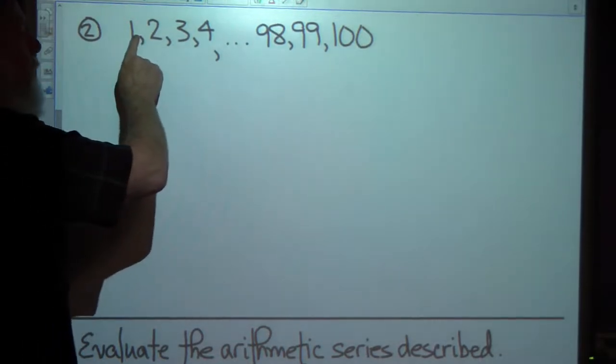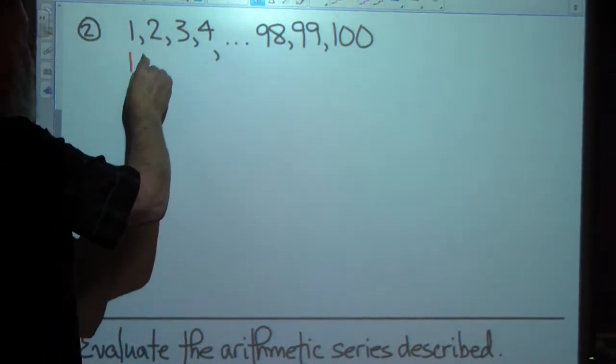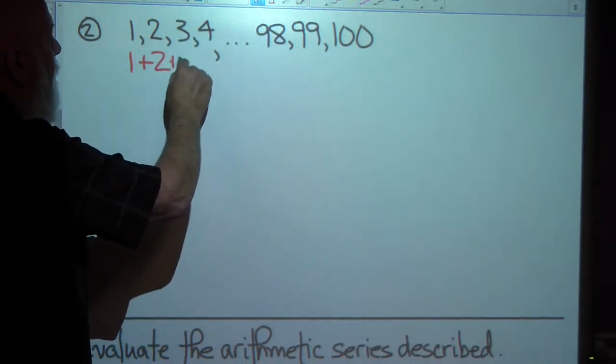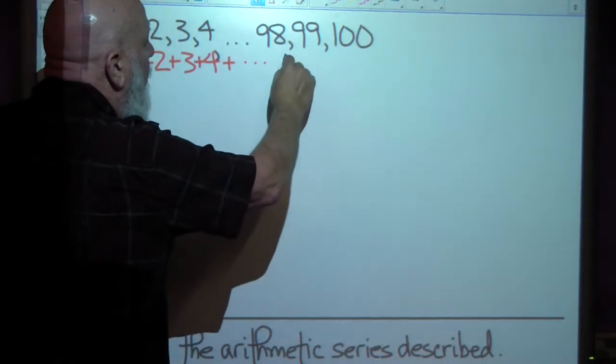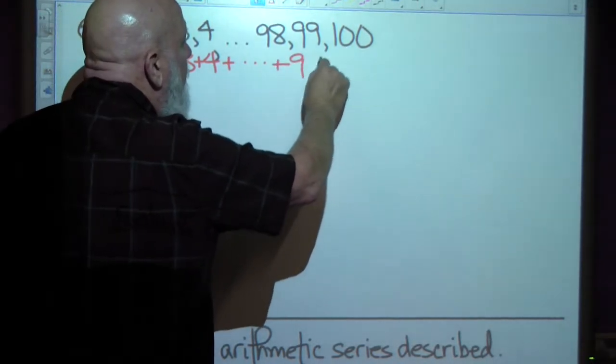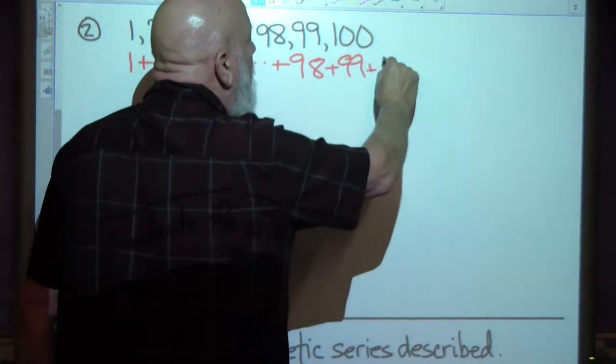So the related series is going to be 1 plus 2 plus 3 plus 4 plus dot, dot, dot, plus 98 plus 99 plus 100.